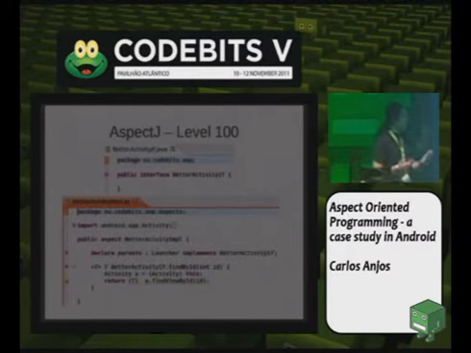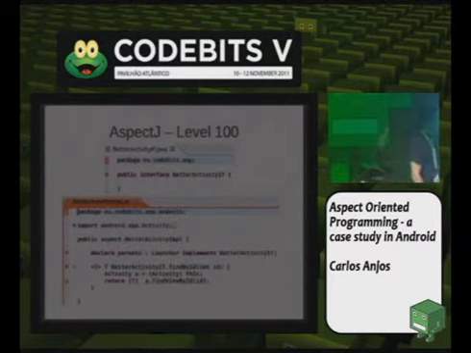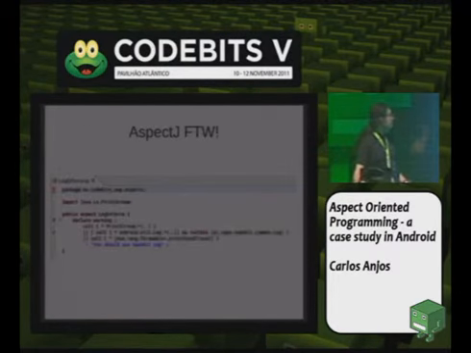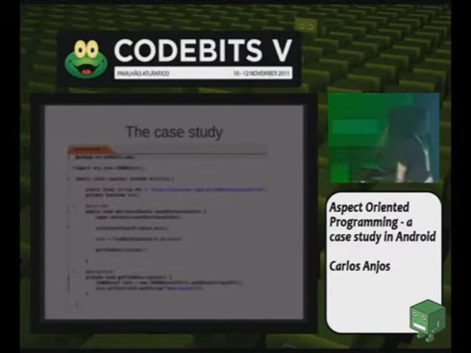So basically there's a really simple example. If you noticed in our case study, I'm using this function which is called find by ID. If you have done anything in Android, you know there's a findViewById that just returns a generic view, and you have to typecast it to the kind of view you want. So if this is a text view, you would have a cast to text view here.